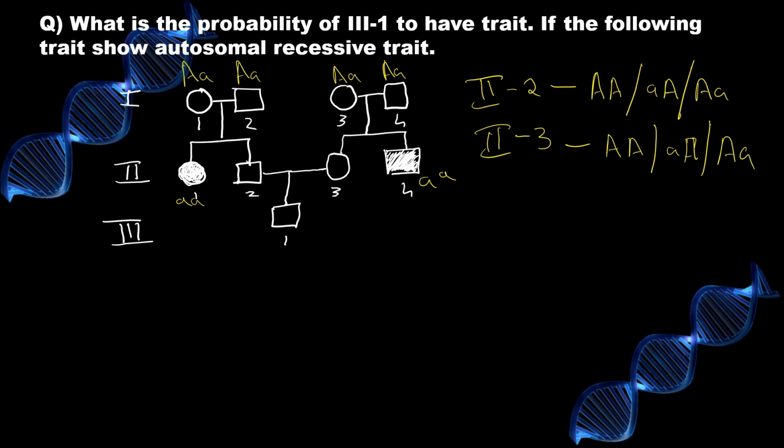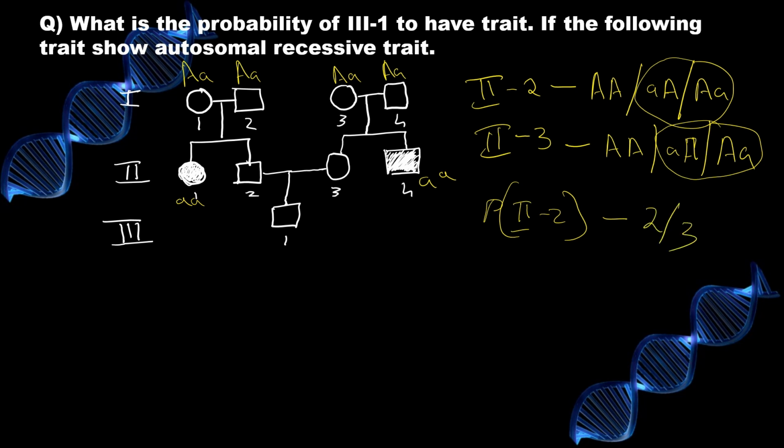So what is the probability of the third one being affected? If the third generation first one is to be affected, then the second and third of the second generation need to be heterozygous. What is the probability for second generation 2? That is 2/3. Then what is the probability for second generation 3? That is also 2/3.